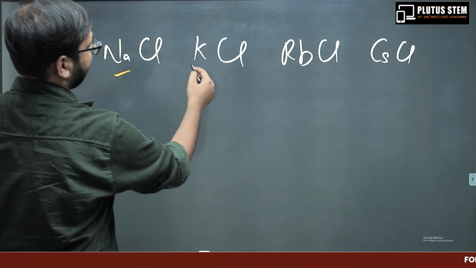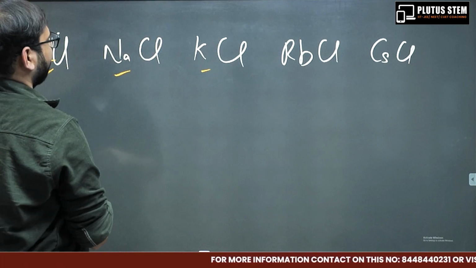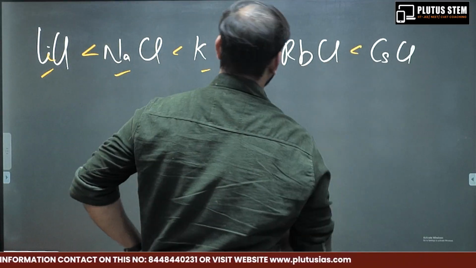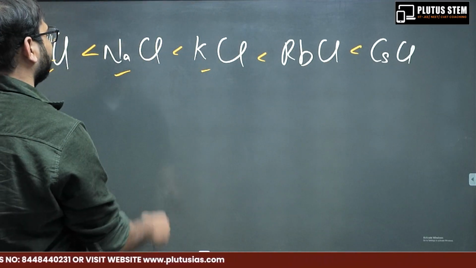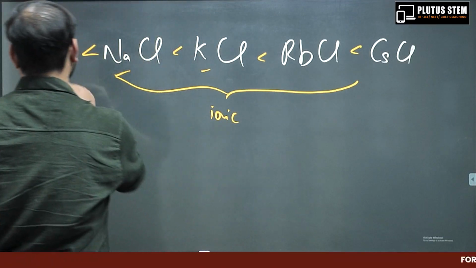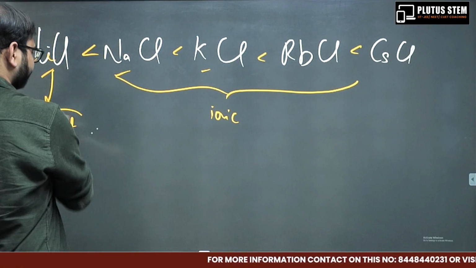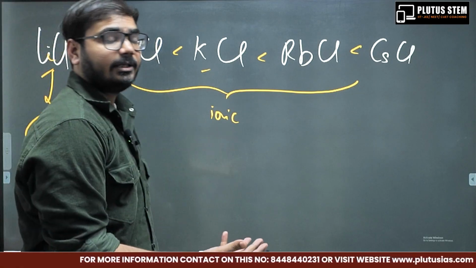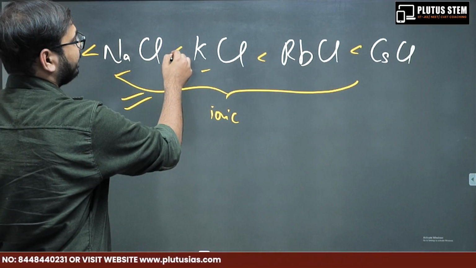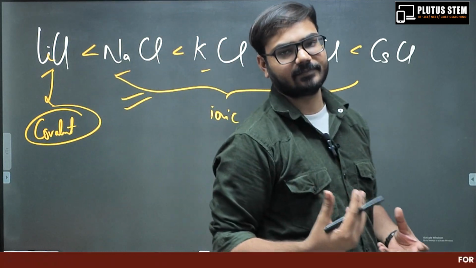As per this, LiCl, NaCl, KCl, RbCl should all be ionic in nature, but we found that going down the group, the solubility of these compounds keeps on increasing, and in terms of nature, these compounds are ionic, but this one has more covalent character. If all were 100% ionic, they should have nearly similar solubilities, but the solubilities increase down the group. So what is actually happening behind these atoms?